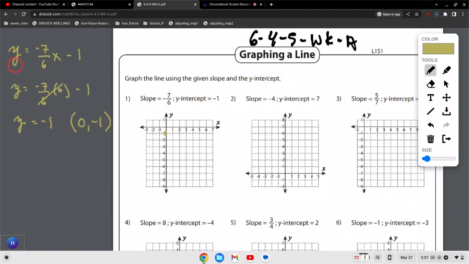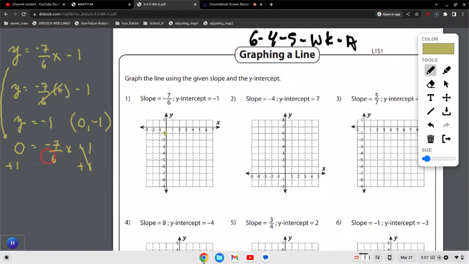So now I'm going to take that same equation, and this time I'm putting 0 in for my y, okay? It's 0 equals minus 7/6 x minus 1. We've solved equations like this in the past. We just add 1 to both sides.